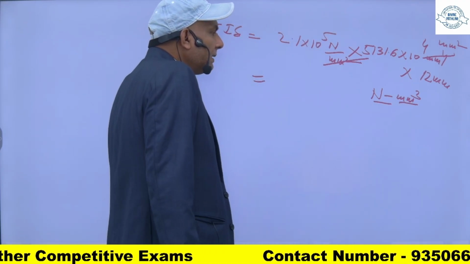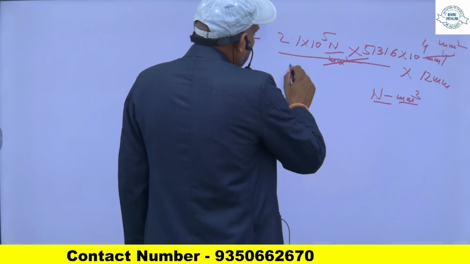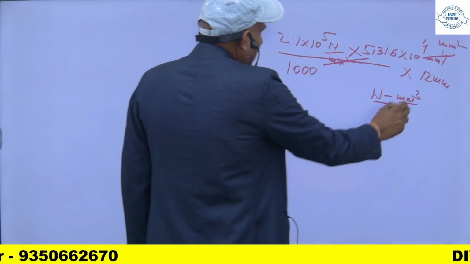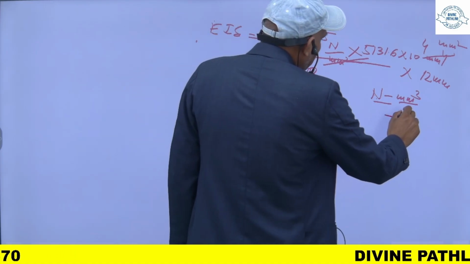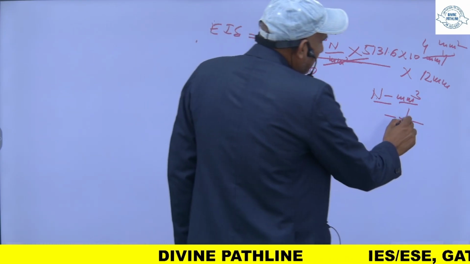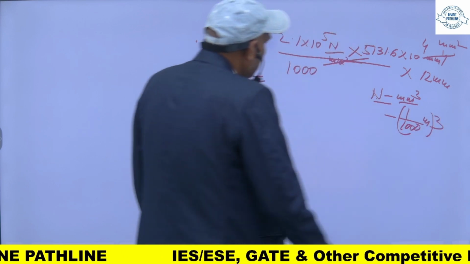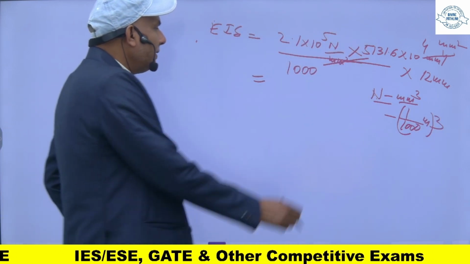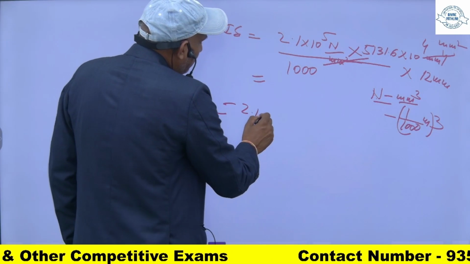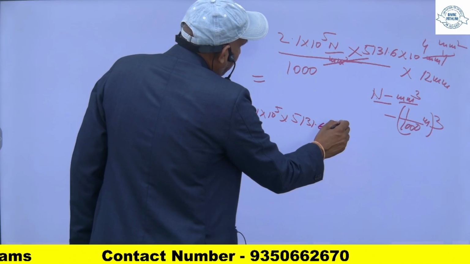If you want to convert it into kilonewton, you will divide it by 1000. So this Newton will become kilonewton, and for the mm cubed you will divide by 10 raised to the power 9 to get meter cubed. It will be 2.1 into 10 raised to the power 5 into 5131.6 into 10 raised to the power 4.